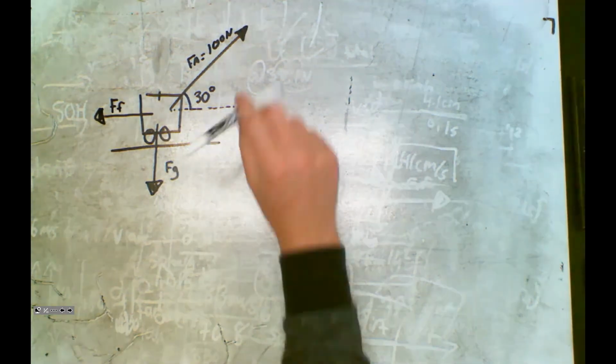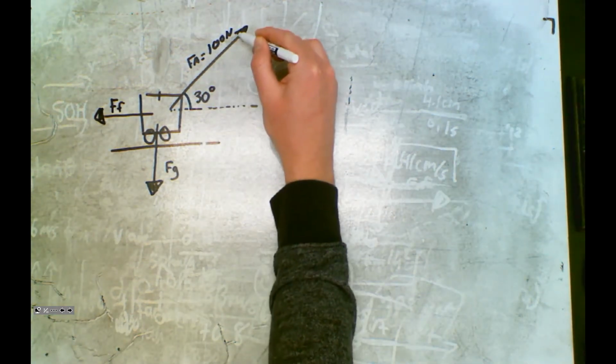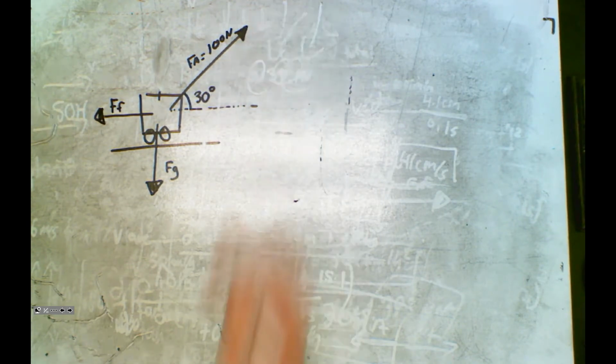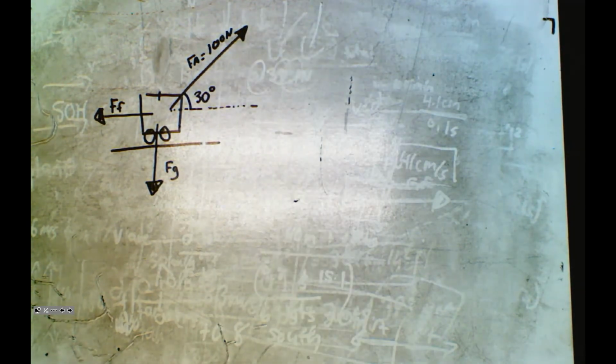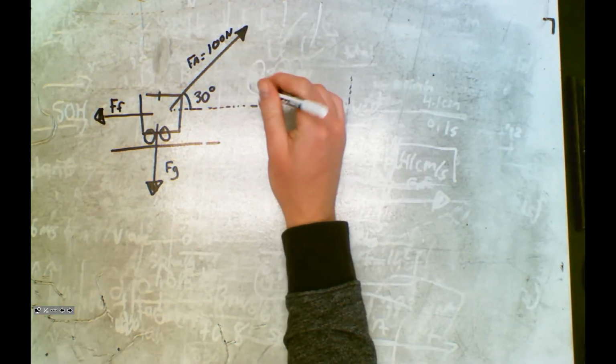So the lawnmower is being pushed or pulled at this angle here, but the lawnmower is not moving that way. So that means that not all of this force is going into moving that lawnmower.